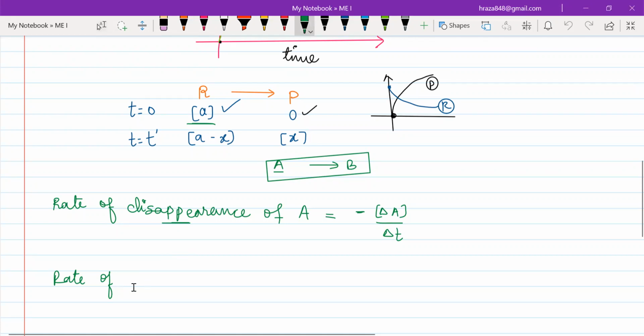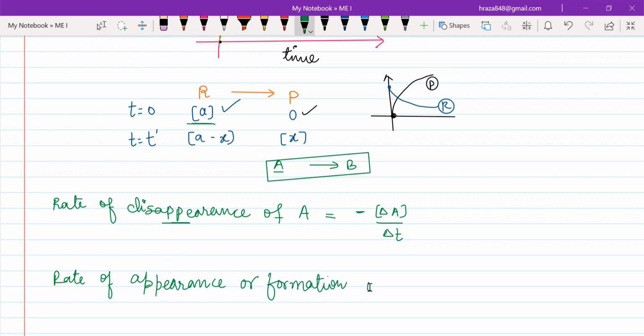So it will be rate of appearance, or sometimes we use rate of appearance or formation of B. And we put a positive sign for product, and it will be change in concentration of product upon delta t.